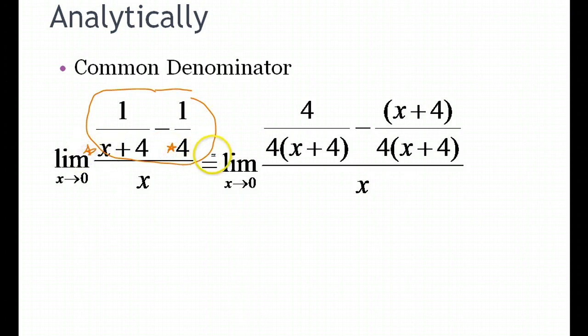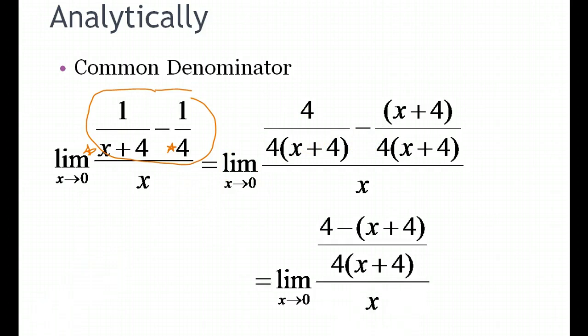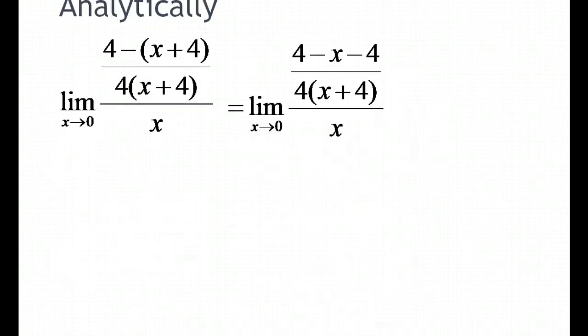So if we get that in both pieces, I end up with 4 in the first piece, and I end up with x plus 4 in the next piece, all over that x. So here then I just do a little bit of algebraic manipulation, make sure that the subtraction is applying to both pieces after the subtraction sign. And that leads me to here.